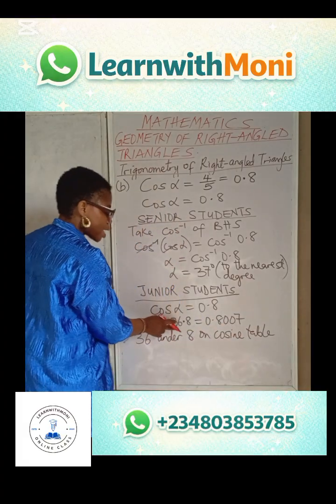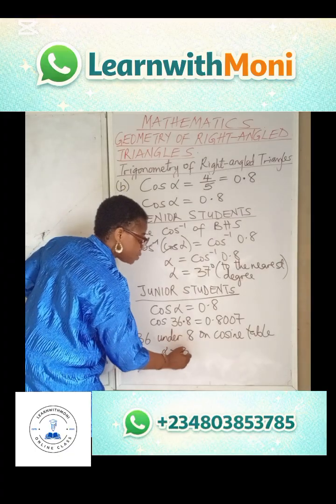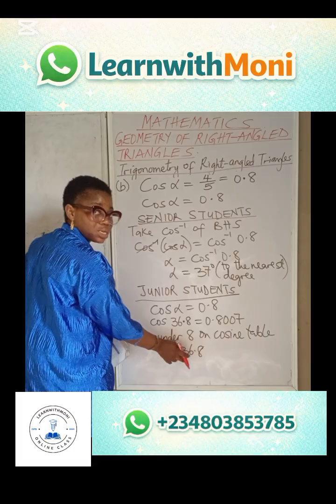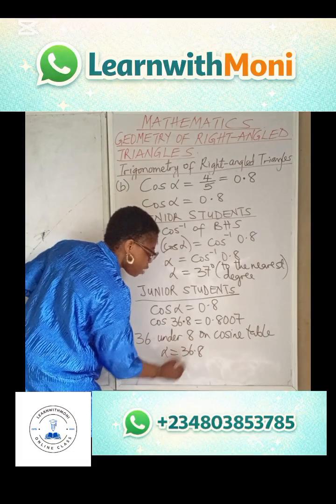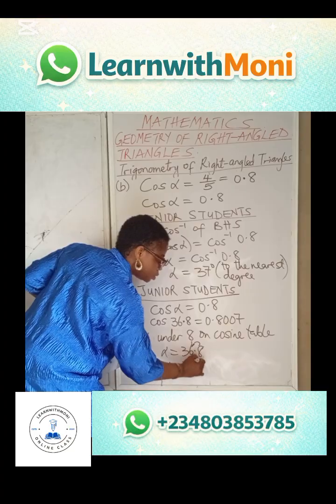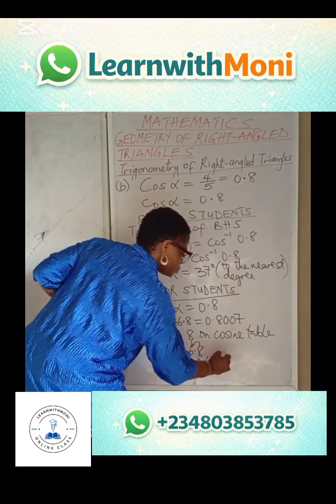This means I can take my alpha as 36.8. And if you are approximating this to the nearest degree, that means alpha is equal to 37 degrees to the nearest degree.